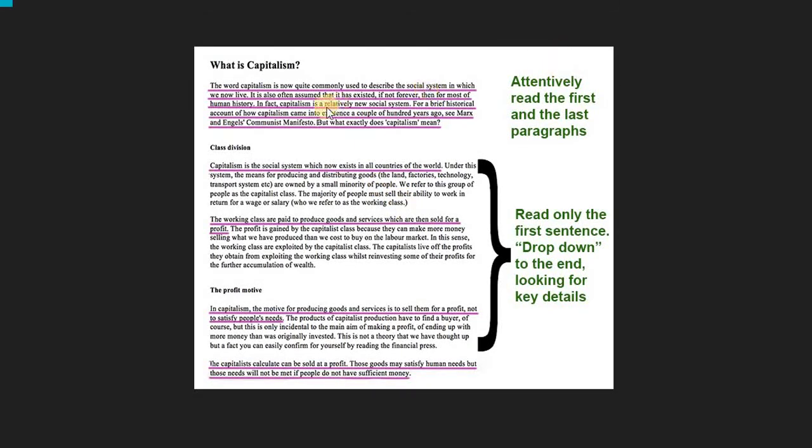So you read attentively the first and last paragraph, because it would give you an outline of what this is all about. Because here again, this is about capitalism, right? So it gives a fair idea of what capitalism is, and the concluding statements also would give you a fair idea, and the entire thought comes to an end with the conclusion.